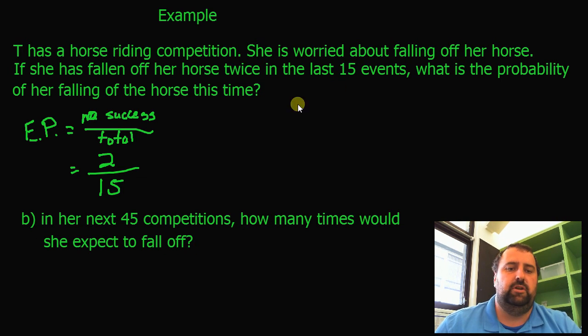So what we can actually do here is, using this probability and multiplying it by the number of competitions she's going to do, we can figure out the estimated number of times that she'll fall off, all right?